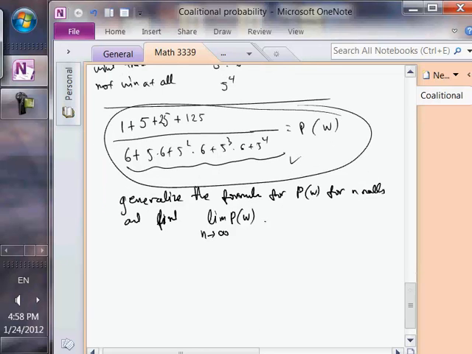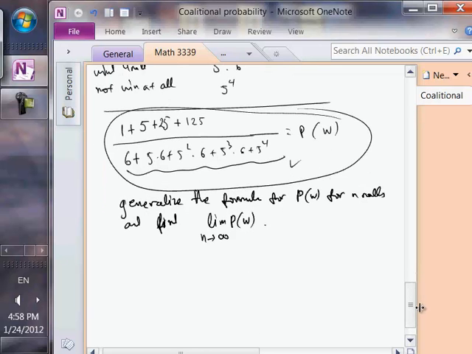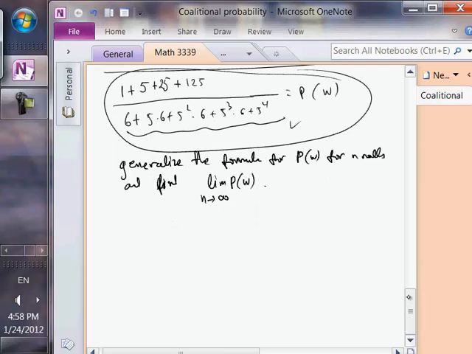All right? Now, that's an optional problem, okay? Let's say this is a bonus problem. How much bonus should I give?